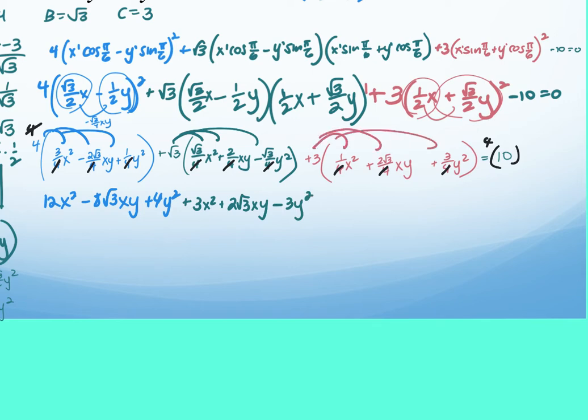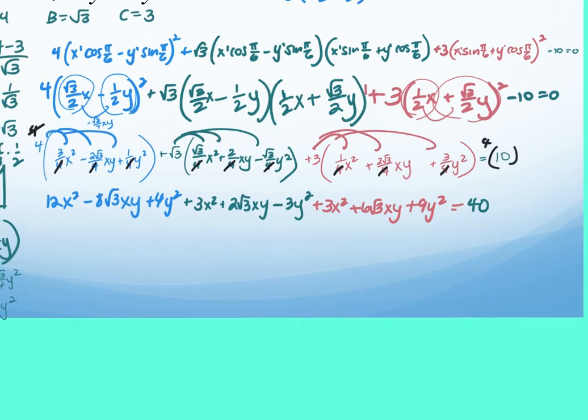Then I distribute the 3, so I get plus 3x squared plus 6 root 3 xy plus 9y squared equals, don't forget to multiply the 4 times the 10. It's one of the most common mistakes made. So if you mess up just one, depending on where it is and what it is, I'm not going to kill you from here on out, but you also can't get full credit.